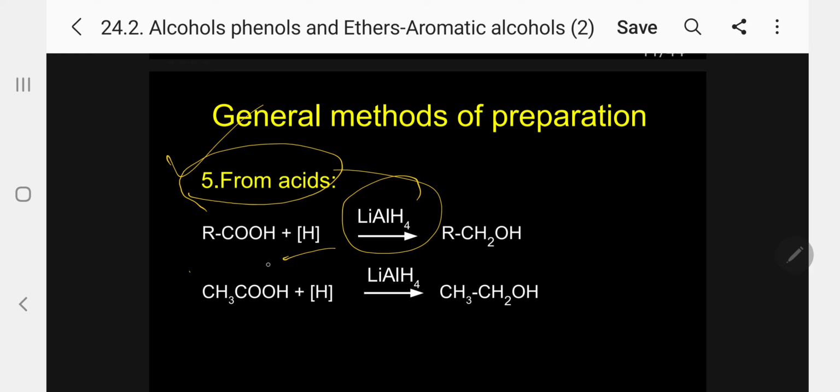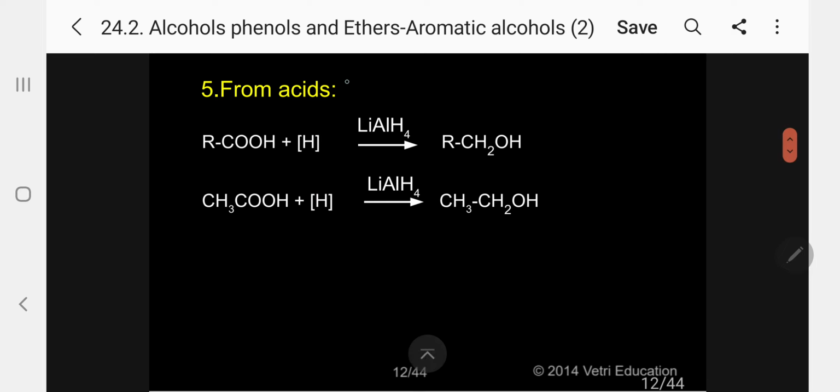Any acid on reduction with lithium aluminum hydride gives the corresponding alcohol. For example, acetic acid undergoes reduction to give ethyl alcohol. In the same way, formic acid gives methanol, and propionic acid gives propyl alcohol. So it purely depends upon the acid we take; we can prepare any alcohol by this general method.